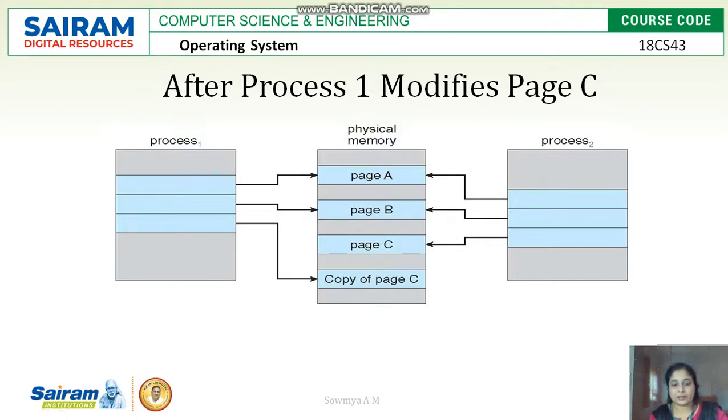So page C can be edited by process 1, which will not affect process 2.